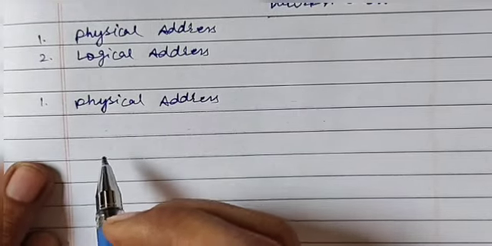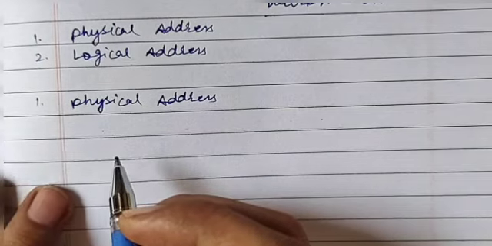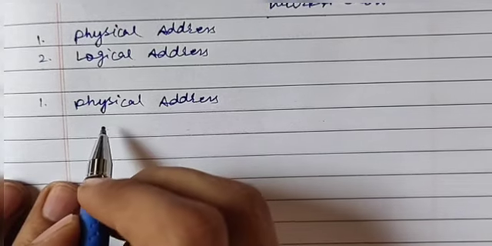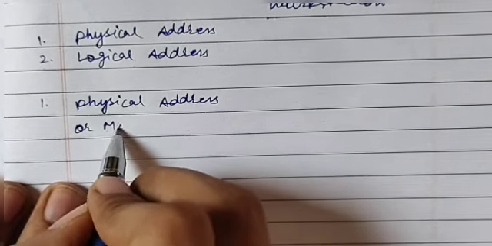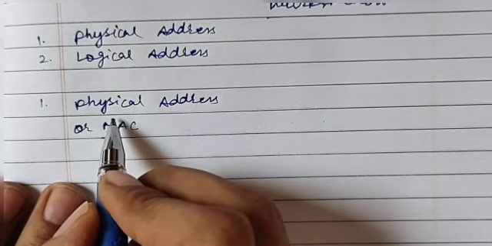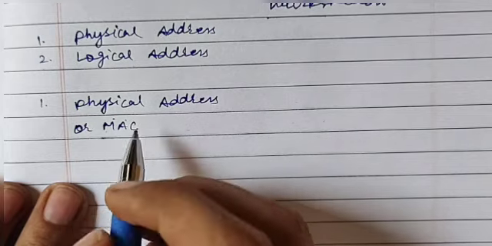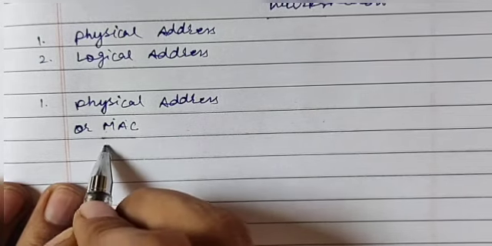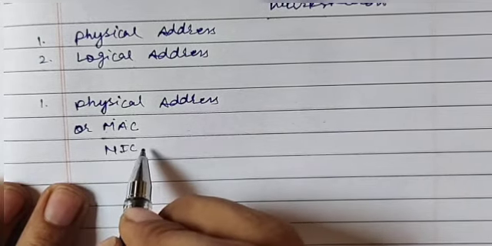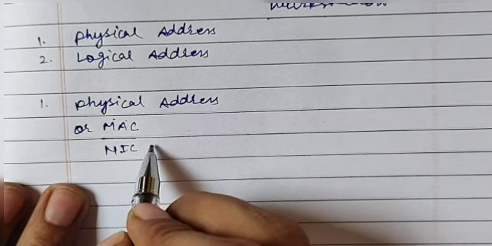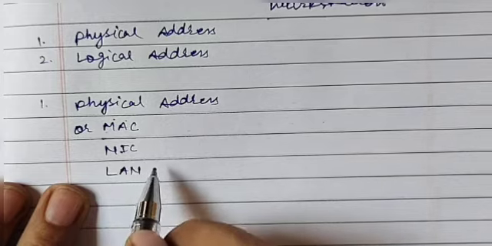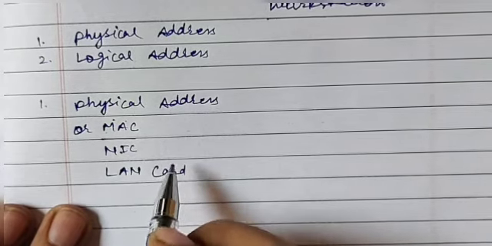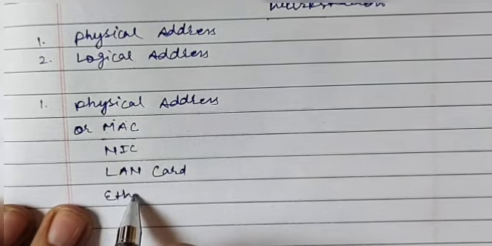Dear students, there are other names too for physical addresses. For example, we also call it a MAC address. MAC address means media access control address, or NIC address, or LAN card address, or Ethernet address.